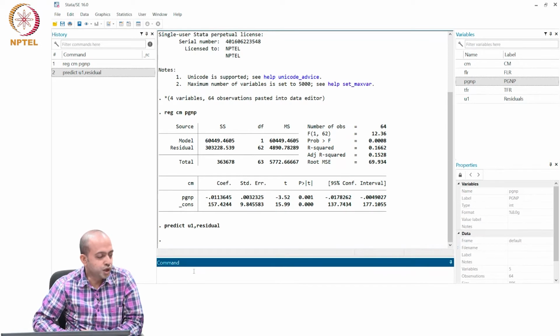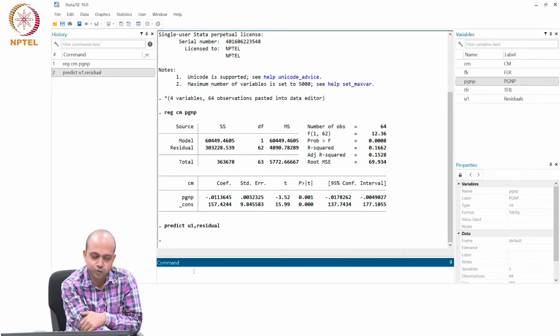The moment I put the command, Stata will immediately predict the U1 hat, and look here, U1 is already included as a variable now. How will you check whether it is predicted or not? You just look at the variable list. If the variable is appearing, that means Stata has already predicted the variable and stored it also.